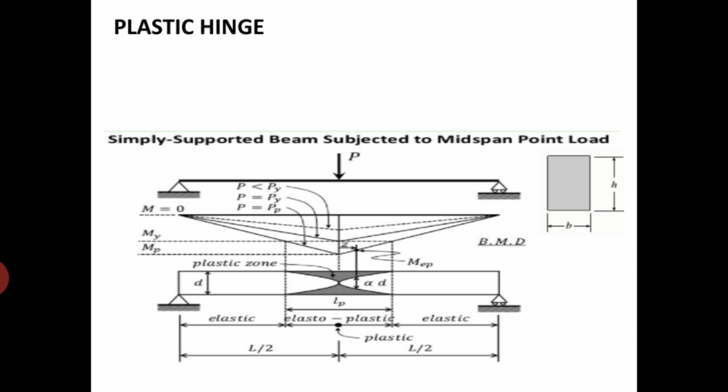As the load is further increased, the yield stress penetrates deeper. As I explained earlier, this is how the plastic moment develops. Here, as the load is further increased, the yield stress penetrates deeper, and at a moment MP, a plastic section is developed at the center.